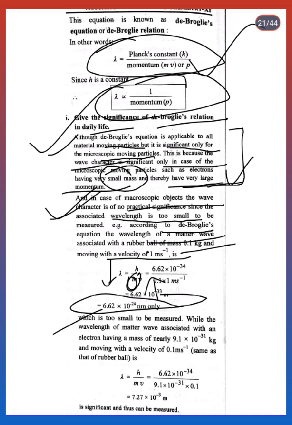While the wavelength of the matter wave associated with an electron having mass 9.1 × 10⁻³¹ kg and moving with velocity 0.1 meter per second is significant and thus can be measured.